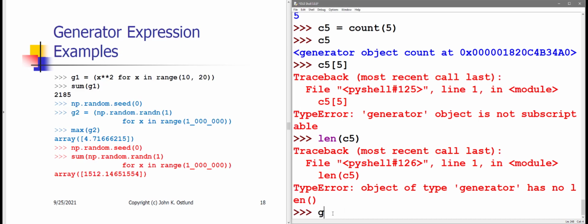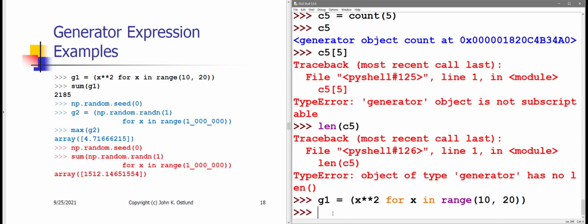So if I say G1 is x star star 2 for x in range 1020, all right, don't get fooled. It looks like I'm creating a tuple here, but I'm not.